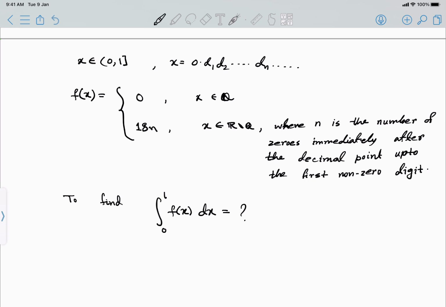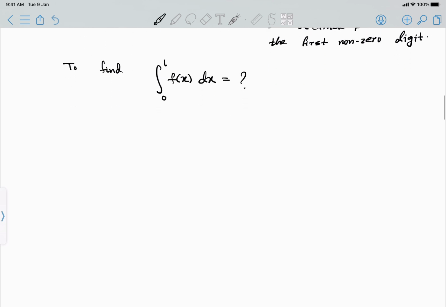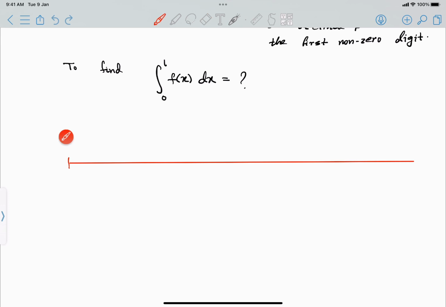So let's first try to understand f(x) more closely. Suppose this is the interval from 0 to 1, and let's say this point is 1 by 10, which we can also write as 0.1.